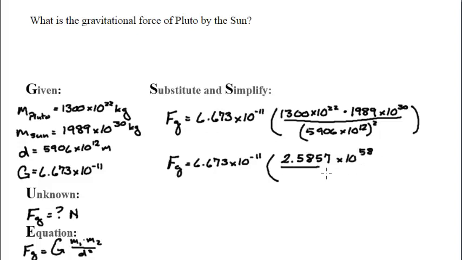And I'm also going to solve the bottom of the denominator. And I get 3.480836 times 10 to the 31.